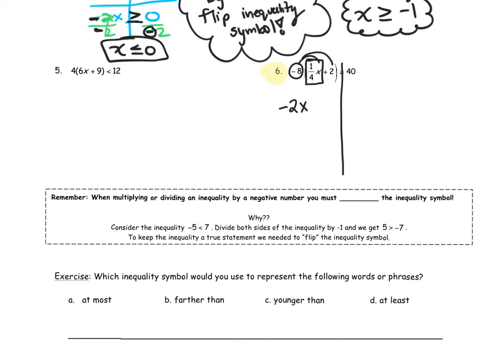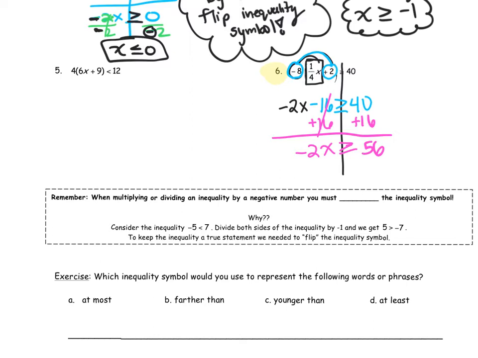And then we have here negative 8 times positive 2, so that's minus 16, and we have the greater than or equal to 40. Okay, we're trying to get x by itself, so I'm going to use the addition property of equality to get rid of this 16. And let's see what we're left with. We have negative 2x is greater than or equal to 56.